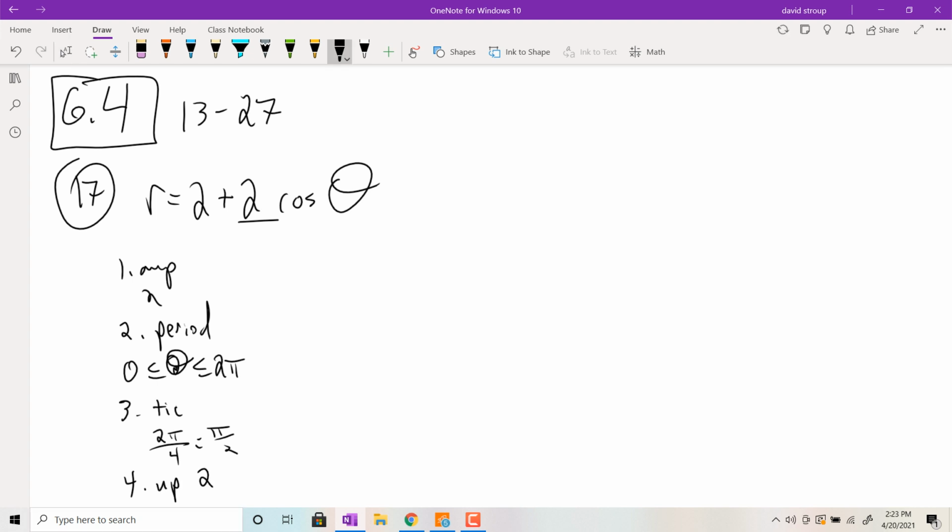Okay. So you could either do a table. I like drawing it in the r theta plane. Okay. So what do I have? 1, 2, 3, 4. Cosine. This is pi over 2, 2 pi over 2, 3 pi over 2, 4 pi over 2, which is 2 pi.